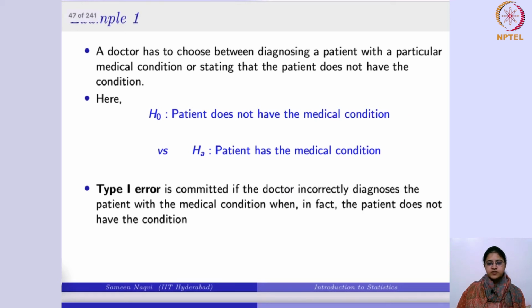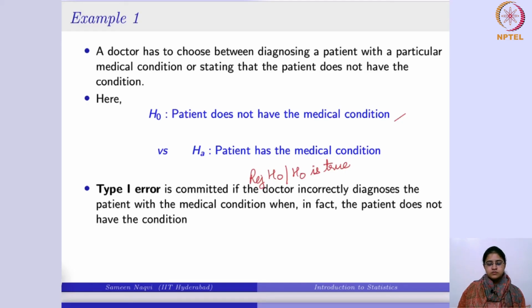Now what will type 1 error be? Type 1 error is committed if you reject H0 when H0 is true. H0 true means that the patient does not have the medical condition, but the doctor is rejecting that claim and instead saying that the patient has the medical condition, right?